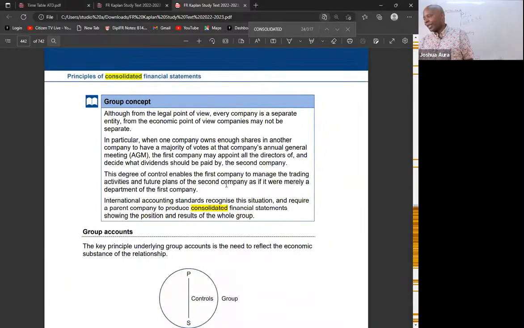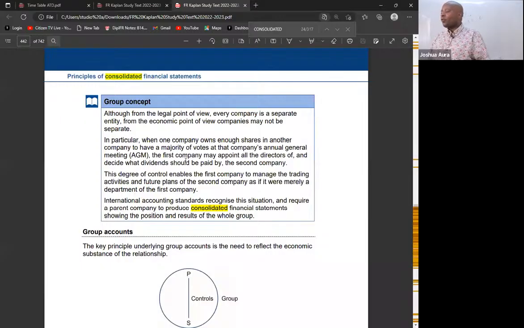Group concept. Although from the legal point of view every company is a separate entity, from the economic point of view, companies may not be separate. In particular, when one company owns enough shares in another company to have a majority of votes at that company's annual general meeting, the first company may appoint all the directors and decide what dividend should be paid by the second company.